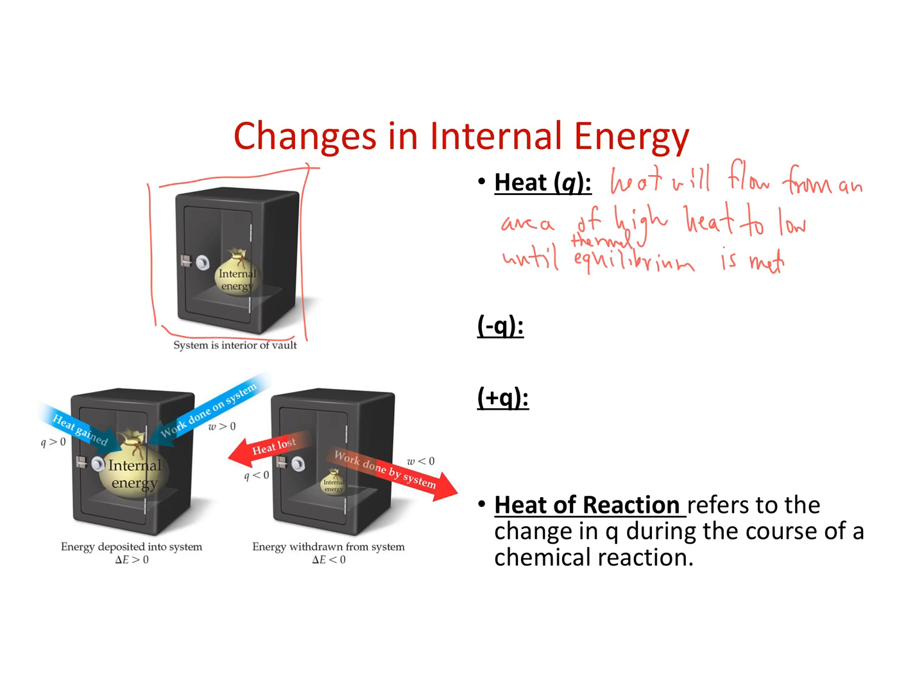So if my reaction loses heat from the system to the surroundings, I'm giving off heat. That would be a negative Q. So heat is lost from your reaction, from the system to the surroundings.